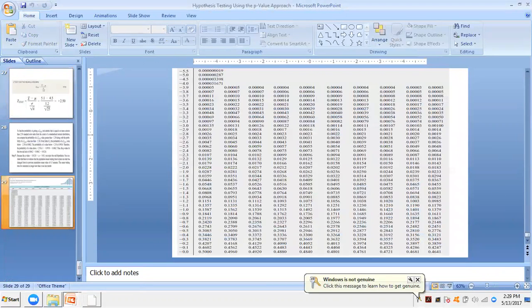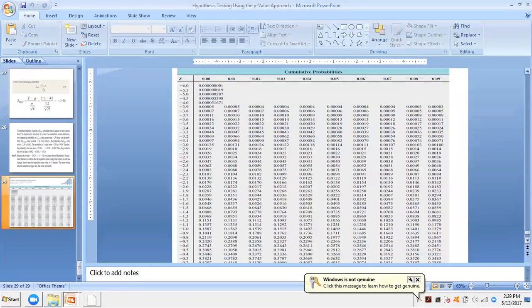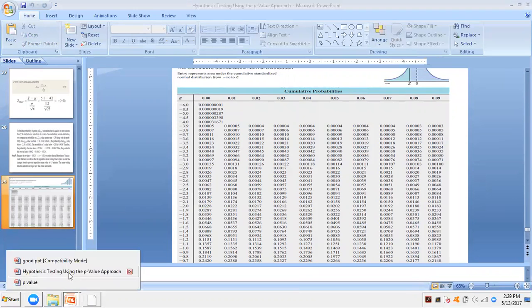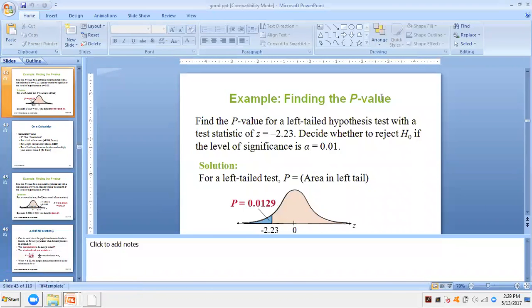See, this is the table. Every statistics book contains the table. So if you refer to this table, our value is z equal to minus 2.23 and alpha equal to 0.01. So I will show you how to compute the probability value p.